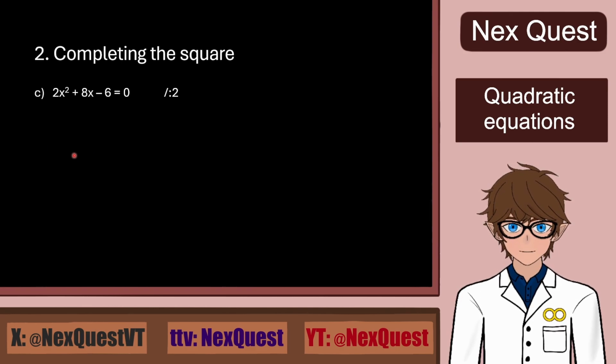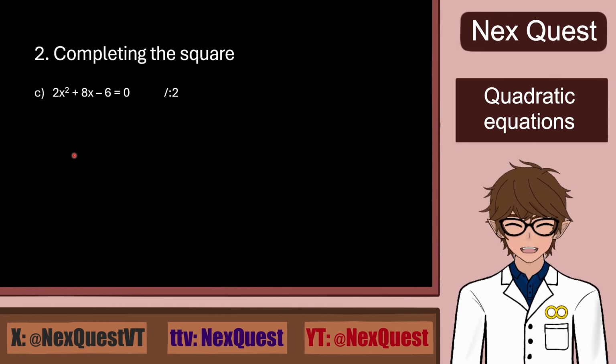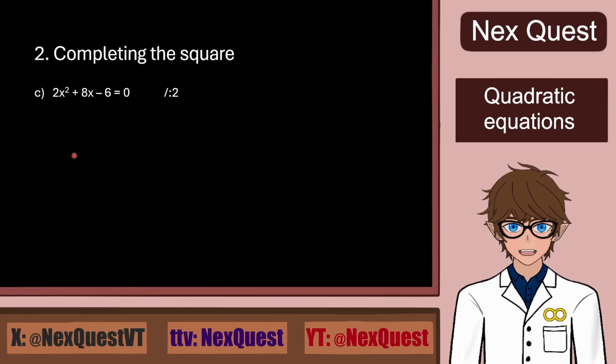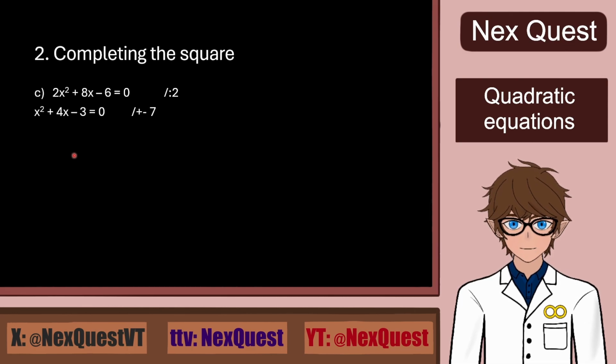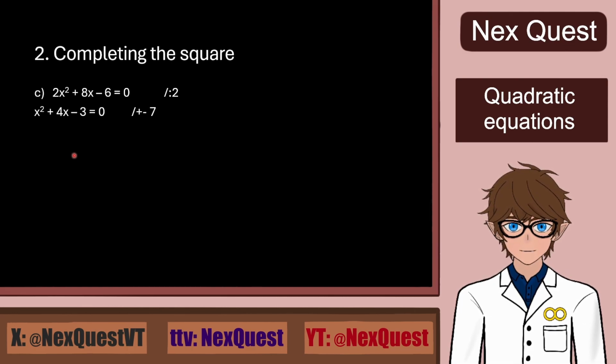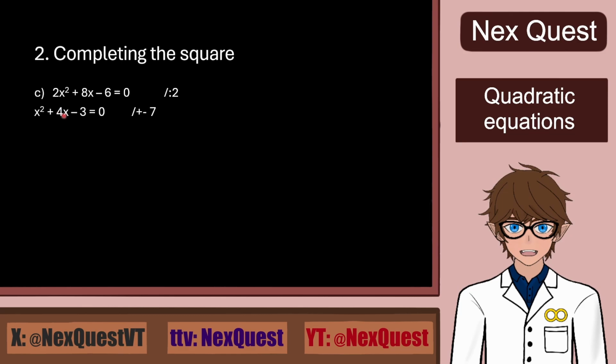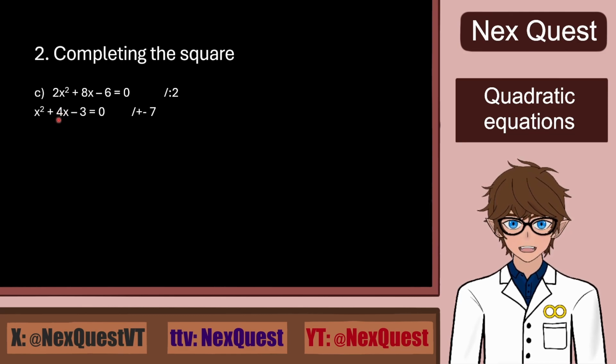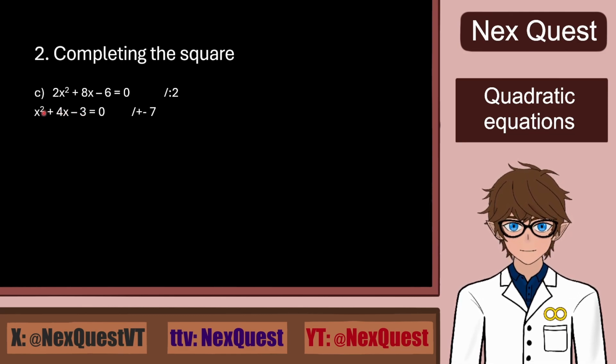Completing the square, I have 2x squared plus 8x minus 6. I divide by 2. I get x squared plus 4x minus 3. And now I see that if I divide this by 2x, I get 2. 2 squared is 4. And since this is a plus, we need this to be a plus. So plus 4 has to come from this.